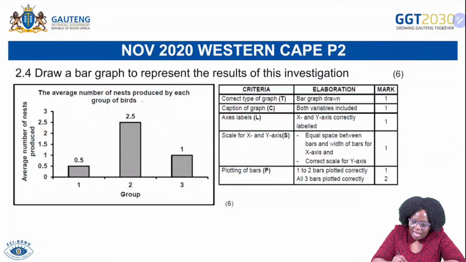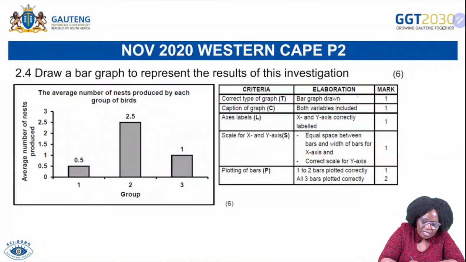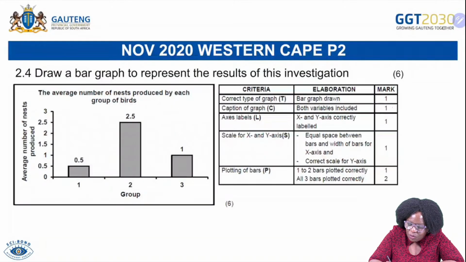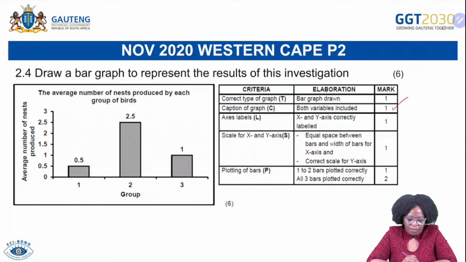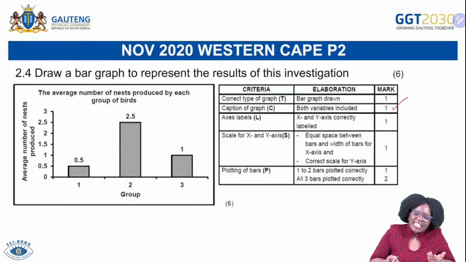Now coming to the criteria set for marking the graph. You see caption, both variables are included. So we see we've got the average number of nests produced, and we also have the group of birds. We have got the caption which is correct. There are different ways. Some learners might choose to say produced by each group A, group B, and group C. That is still fine.